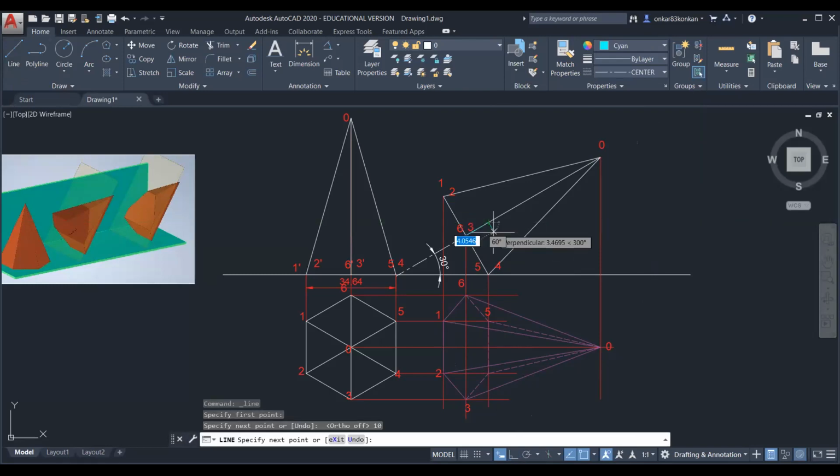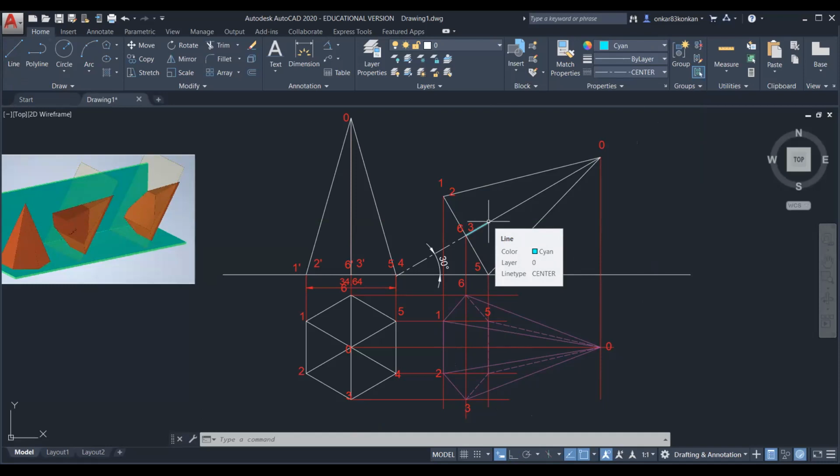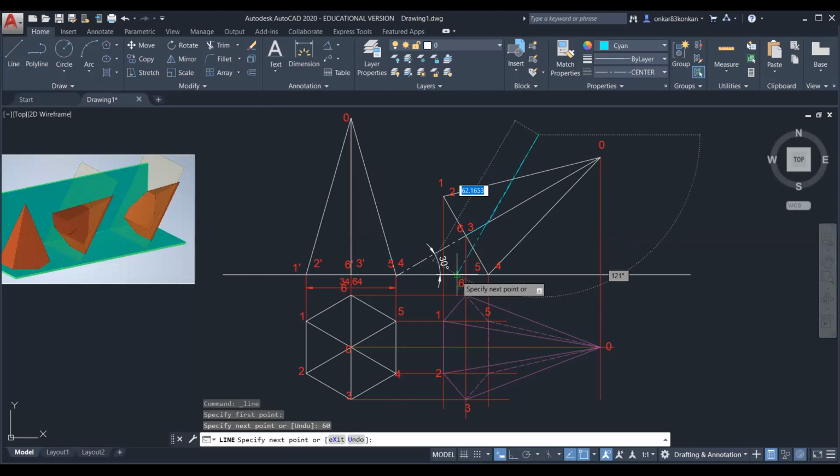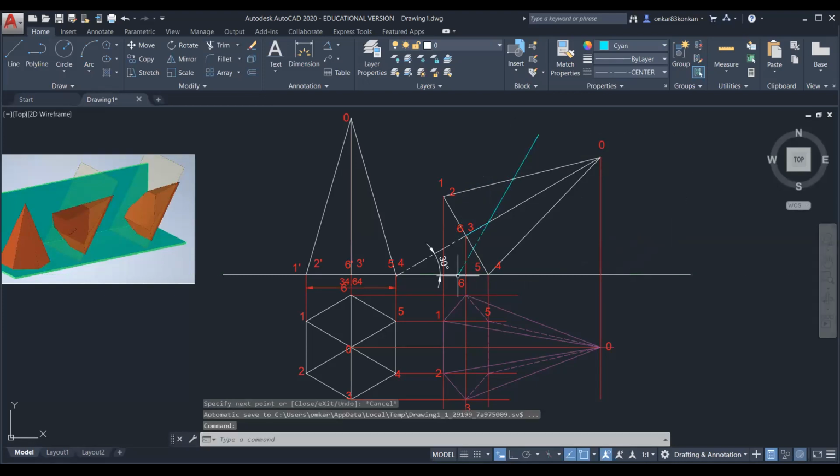Now the section plane must pass through this point, and at the same time it is inclined to the XY line or the horizontal plane by 60 degrees. So take this angle 60 degrees. So this is the section plane.